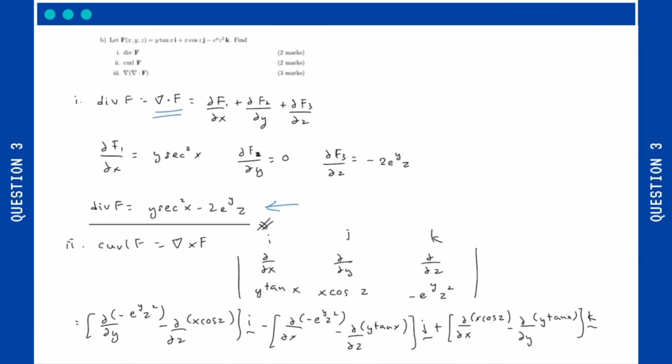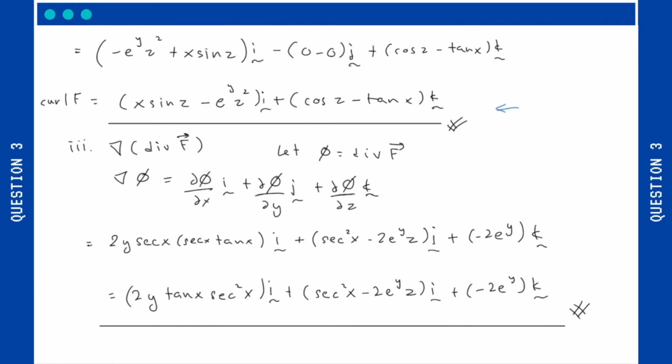Now for the del of the del dot f, del dot f means divergence f, which we already calculated in question B one. So we just take this as a function of phi. Let phi equal to the divergence of f.